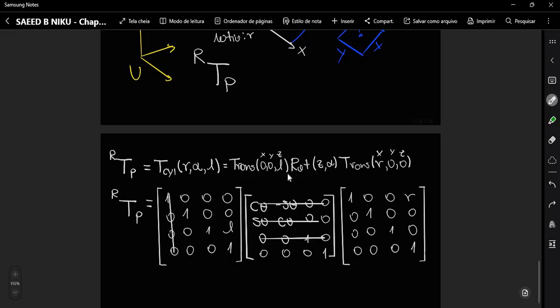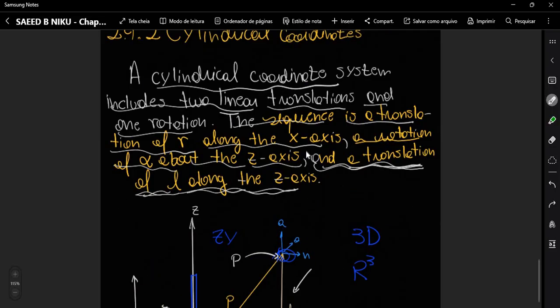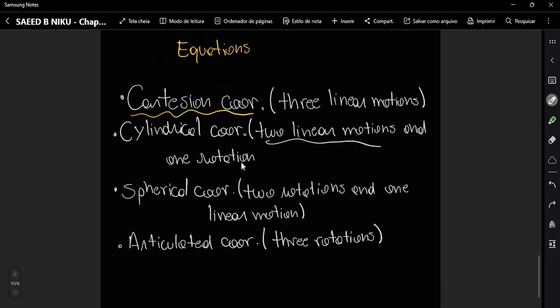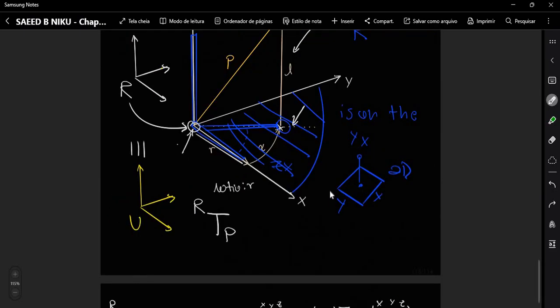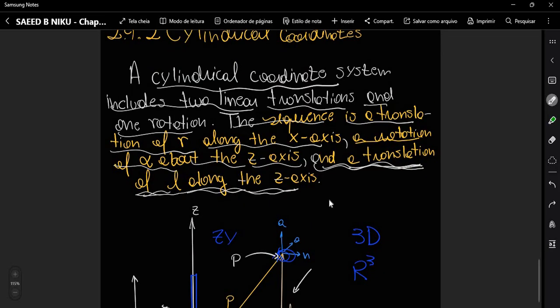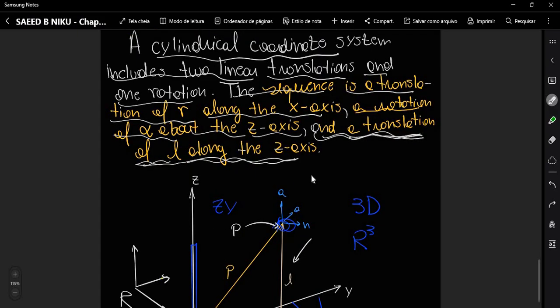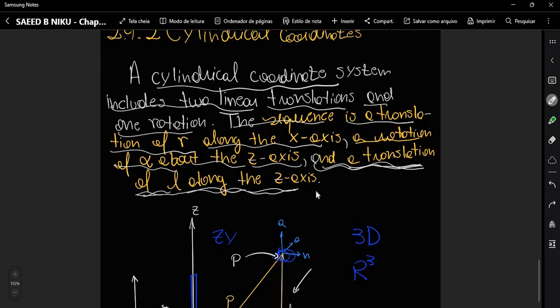The example says that a cylindrical coordinate system includes two linear translations and one rotation.